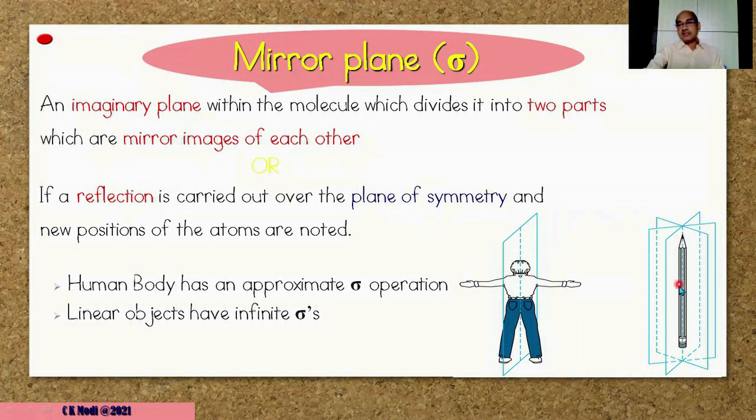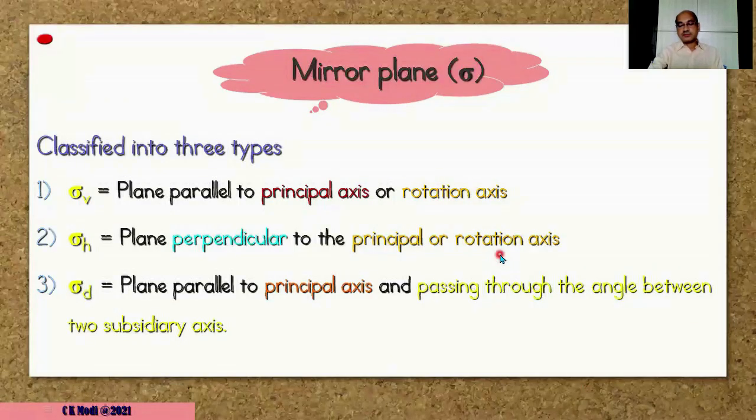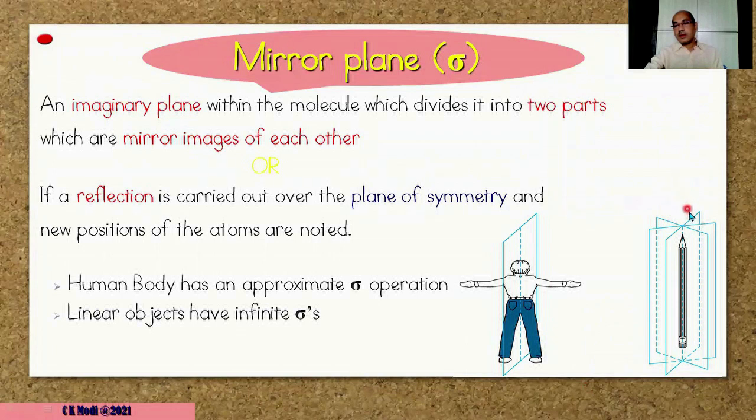Now look at this linear molecule, like a pencil. Now the pencil has not only one mirror plane, it has an infinite number of planes.